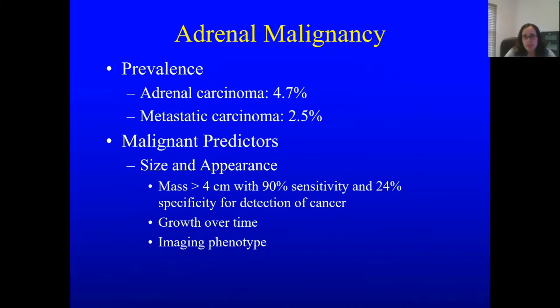We can see growth over time, and then we also look at the imaging phenotype, which we'll go over. If we're going to see a cancer with mets to the adrenals, it's usually lung, kidney, colon, breast, pancreas, liver, and stomach primary.